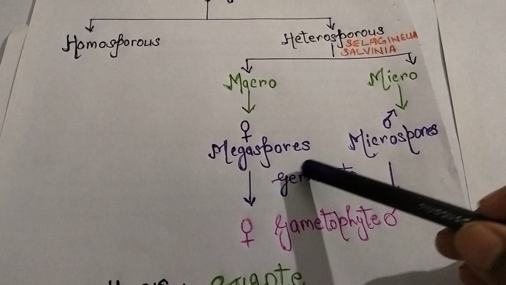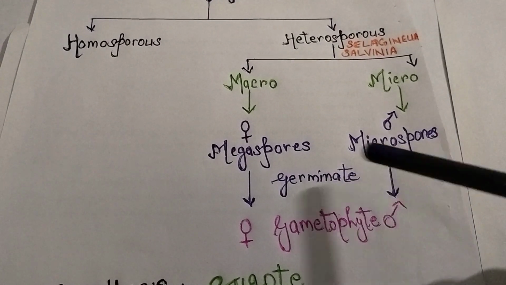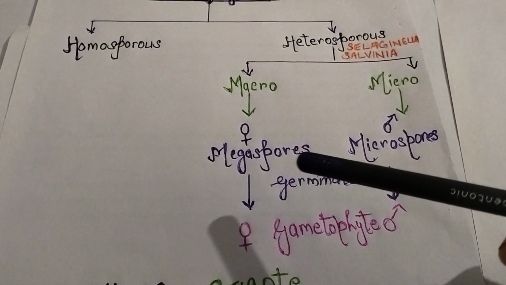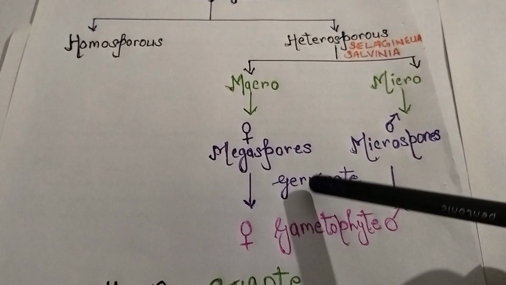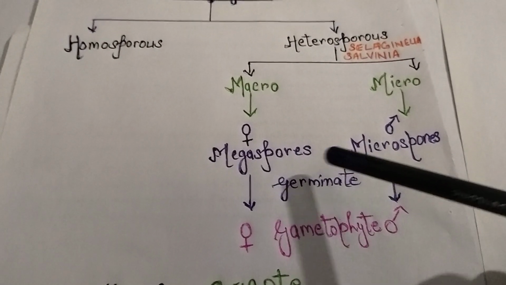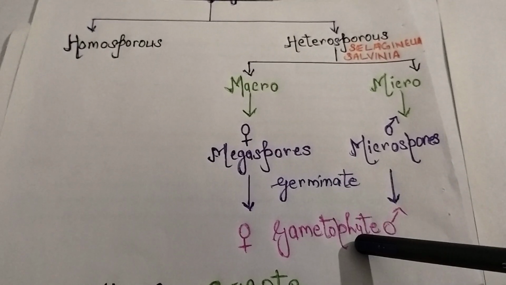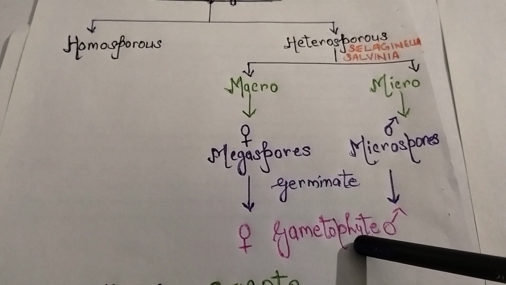Now these megaspores and microspores, in their life cycle, from here we are studying. These macro and microspores will germinate to form gametophytes.